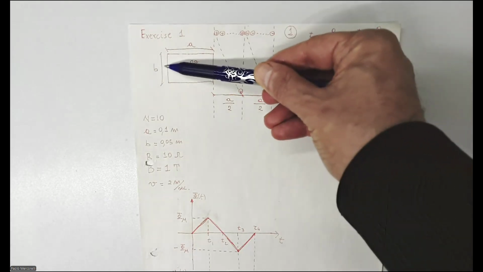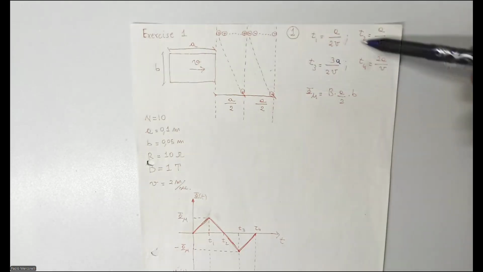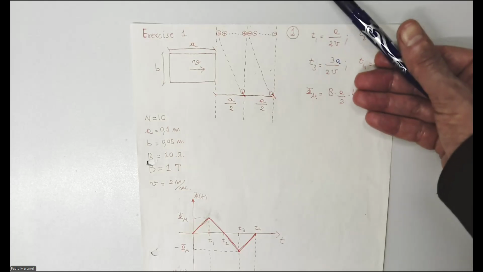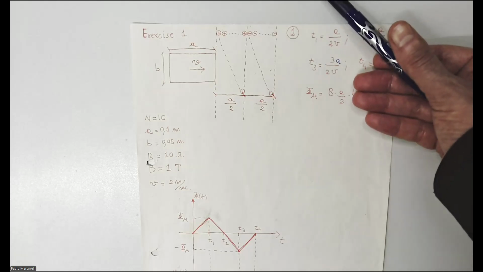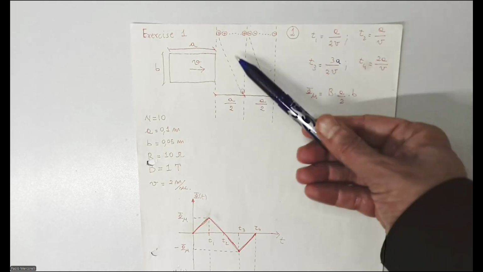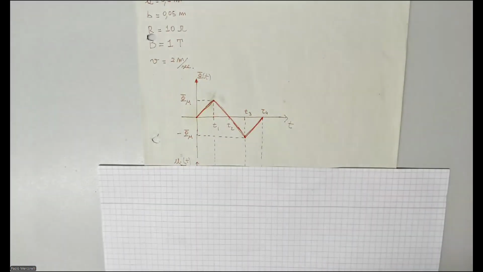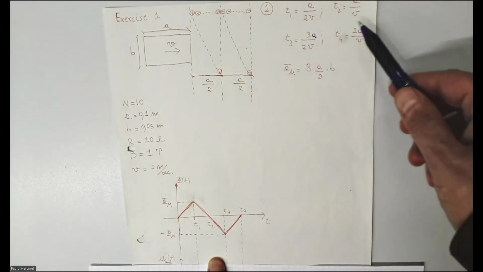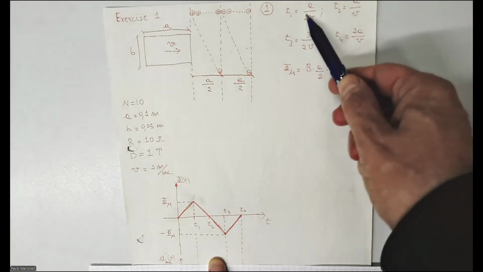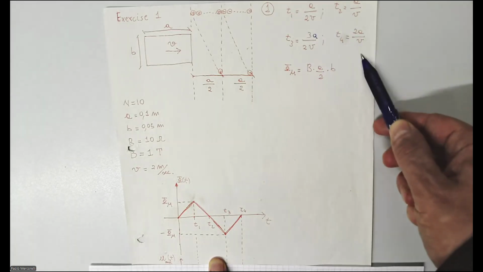When these conductors are here, I have the coil totally out of the magnetic field organized in this form. T4 is 4 times T1, therefore 2A divided V.